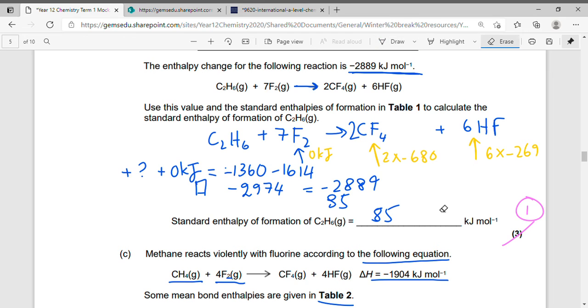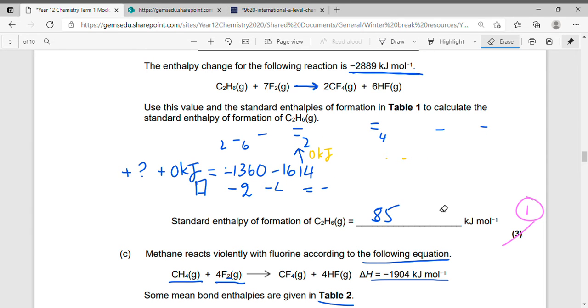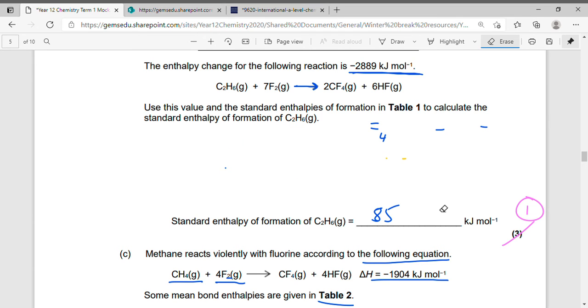Wait, let's do this one again, shall we? I want to try and see how they know how to deal with the signs. At least we got the right number. The idea is there, I guess.